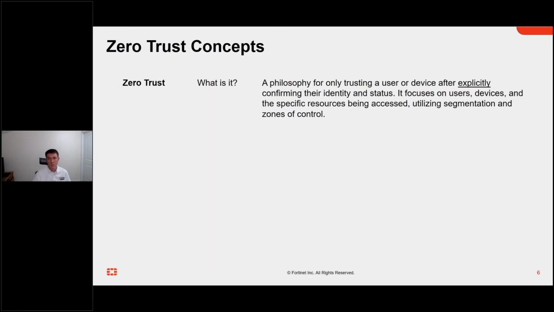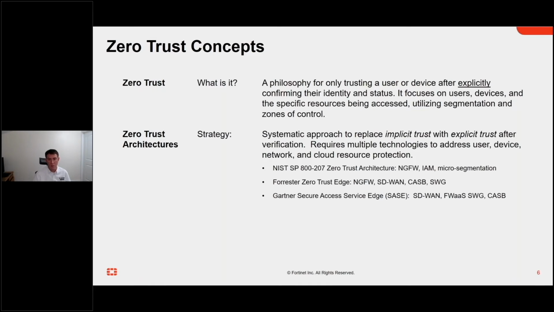First and foremost, segmentation. If you don't have the ability to control your network, it doesn't matter how little you trust something, you can't do anything about it. And so what that does is it takes us from a strategy of implicit trust to explicit trust. And it requires multiple technologies to get there.